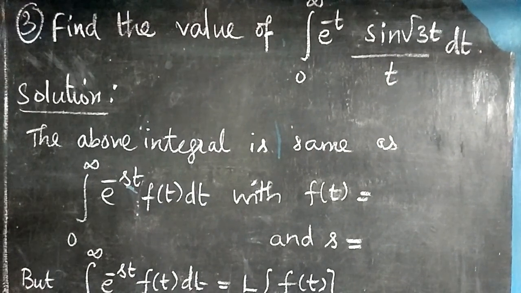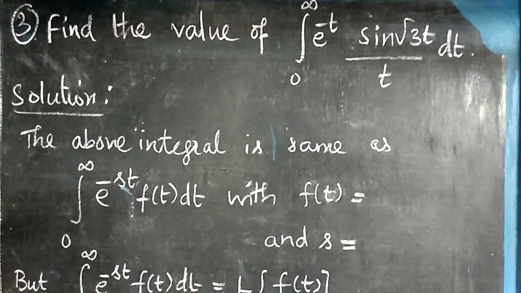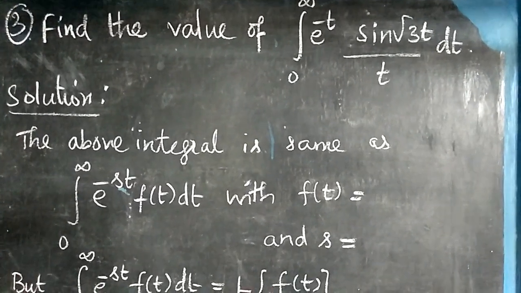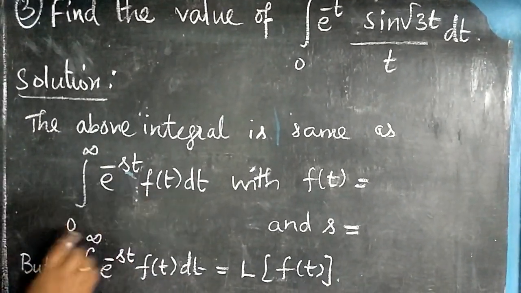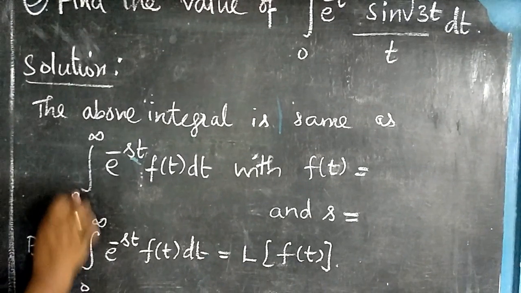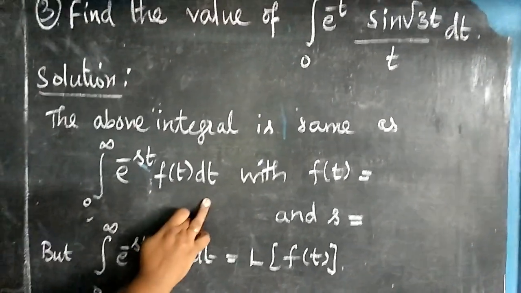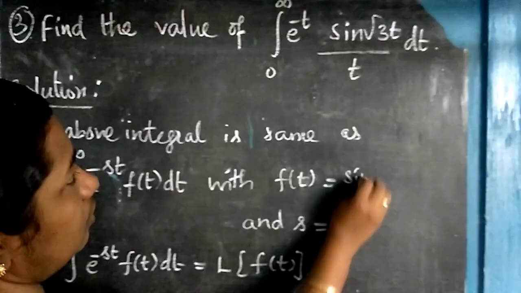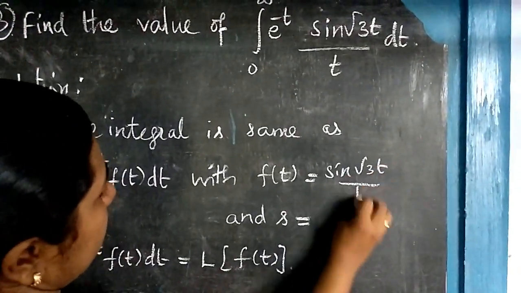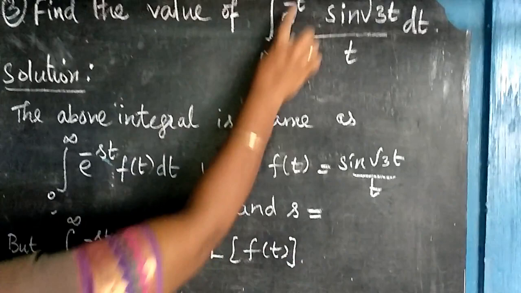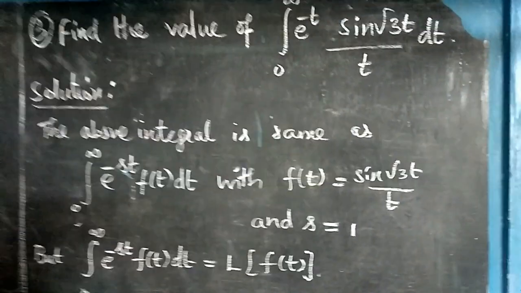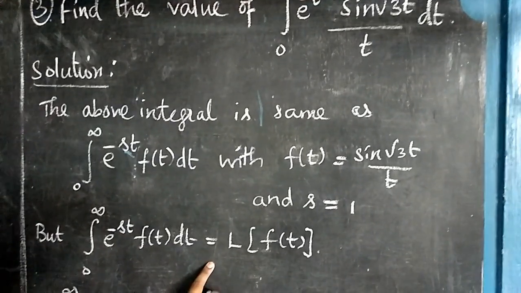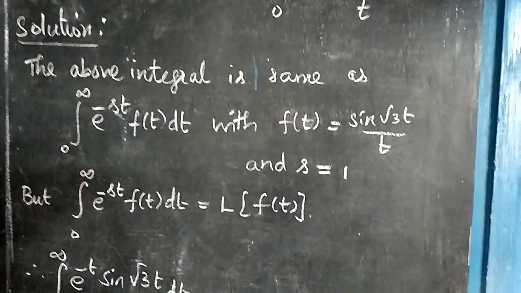Problem 3. Find the value of the integral from 0 to infinity of e power minus t sin root 3t by t dt. The above integral is the same as the integral from 0 to infinity of e power minus st f of t dt, with f of t equal to sin root 3t by t and s equal to 1. But this integral is the Laplace transform of f of t.